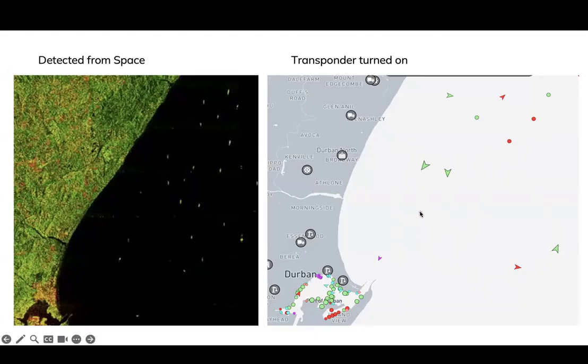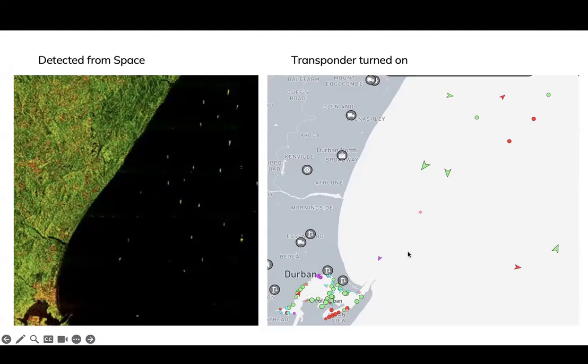And then there are different types of vessels. Some could be Coast Guard, some fishing vessels, some oil tankers, cruise liners, whatever it may be. You can see that those already in the harbor have their transponders on, but they're stationary. There are only two that are actually moving.